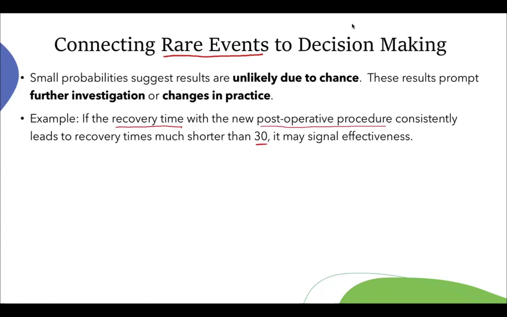So we got a sample mean of 28 in that previous example, which was less than 30. And if that seemed to happen over and over again, it may indicate that the postoperative procedure truly is working and it effectively reduces the recovery time for these patients.